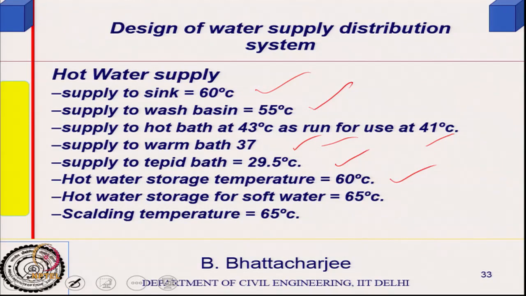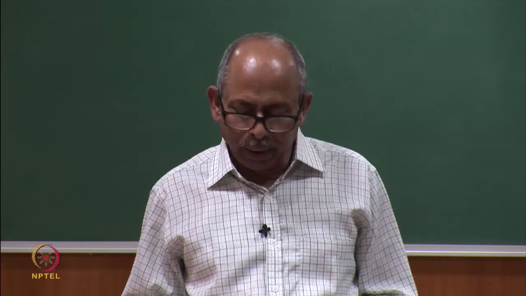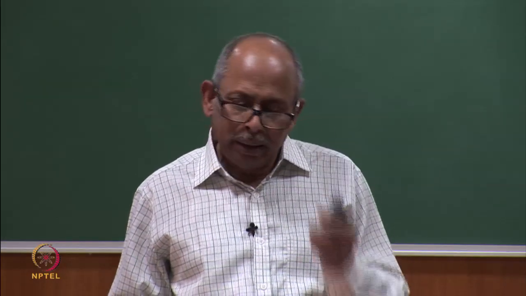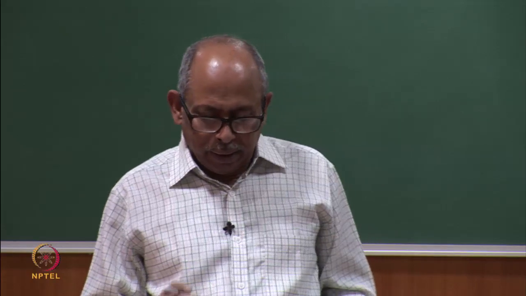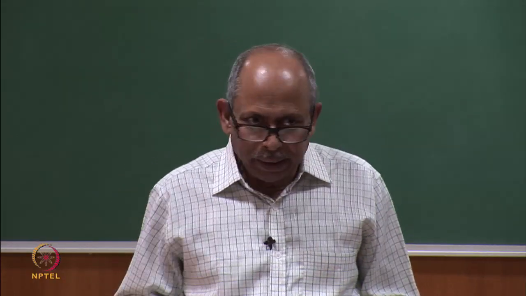Storage temperature preferable is around 60, and if it is hard water a little bit less, soft water 65 degree centigrade, scalding temperature is 65 degree centigrade. So, this is the basic scheme of hot water temperatures desirable given in the code. I think we will look into this just in a minute.